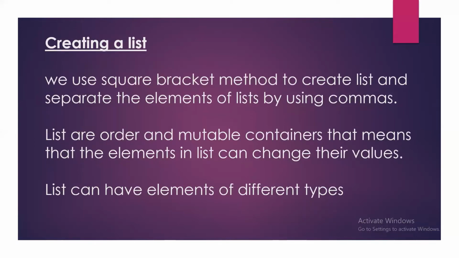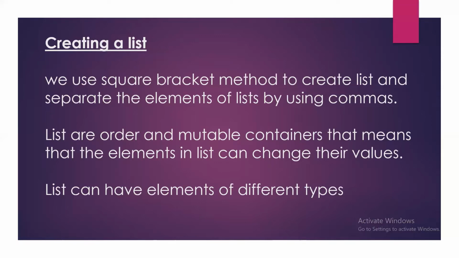So let's see how we can create list. We use a square bracket method to create list, and inside the square brackets, we enlist the elements of list and separate each element of list using comma sign between them. And lists are basically ordered and mutable containers, which means that the elements of list can change their values.